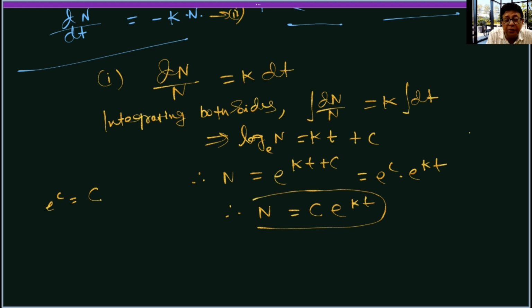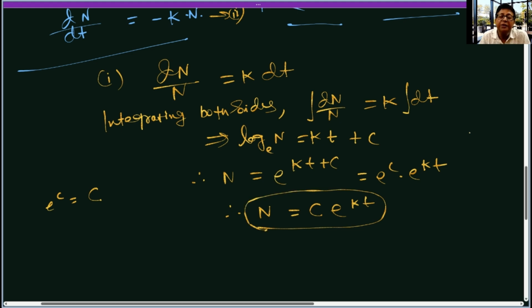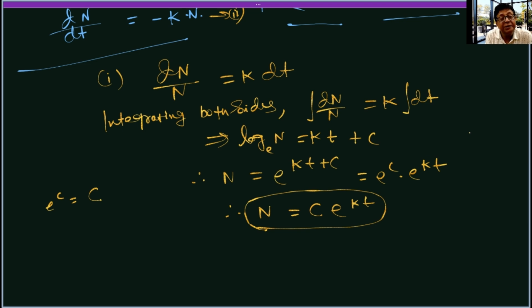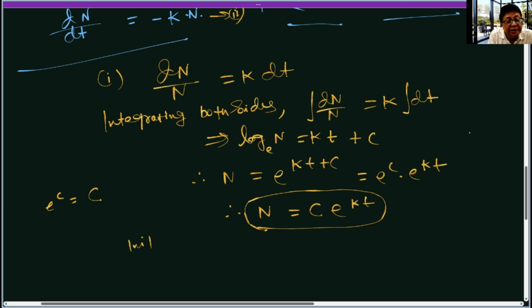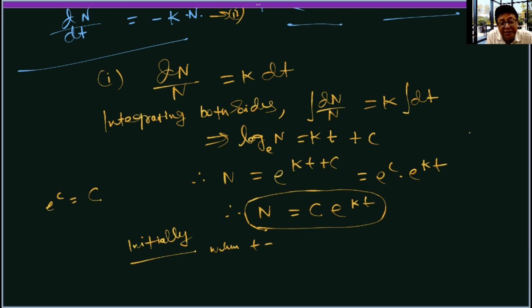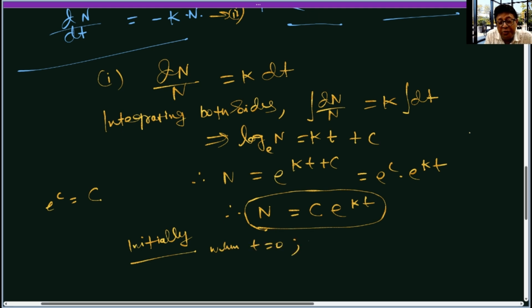This is for the growth model. Now this value of C we can state. Initially, means when? Initially when t equal to 0, N equal to N0, say, the initial number.